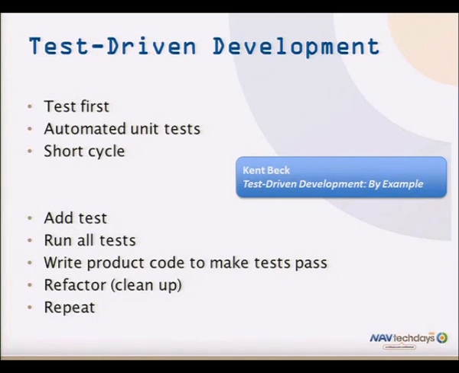The essence of this approach is that you have very short cycles: write a test, make it pass, write another test, see it fail, update the code to make it pass. That allows you to take very small steps, so you can always go back if you make a mistake.